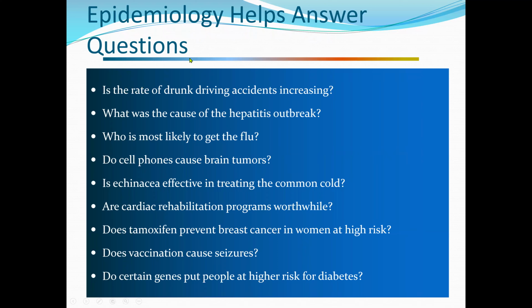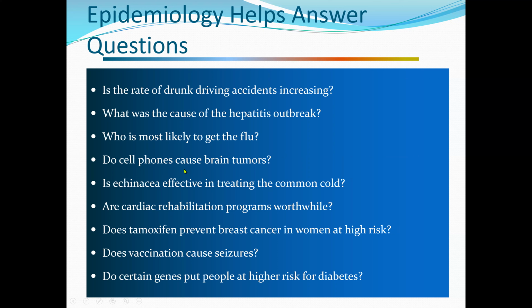So these are some of the questions that epidemiologists can help us answer. Epidemiology helps answer questions such as: is the rate of drunk driving accidents increasing? We may find an association with that. Or what was the cause of a hepatitis outbreak? Who is most likely to get the flu?